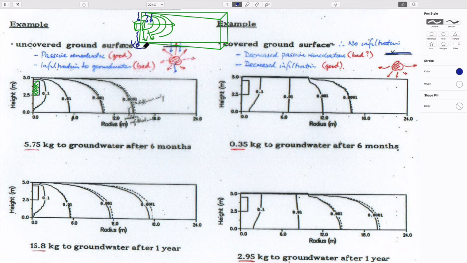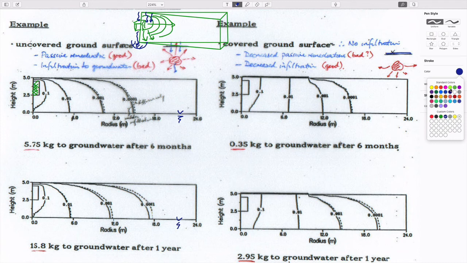And you can look at two things. You can look at the distribution of these contours, of how far the volatilized plume has traveled horizontally in the system. And you can also look at the effects of its contact with the groundwater zone that exists underneath all of these.